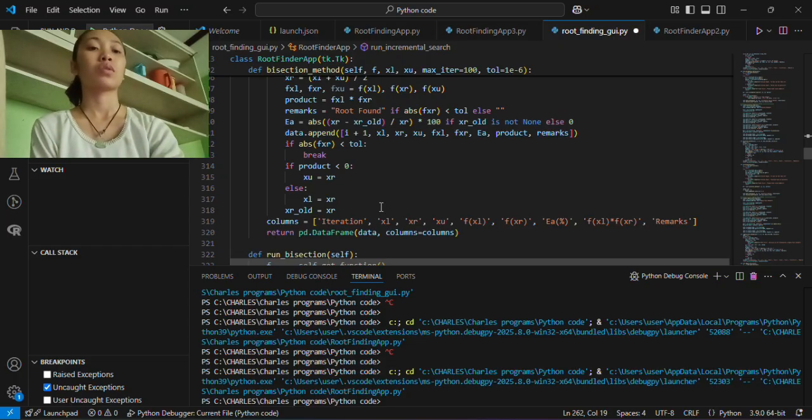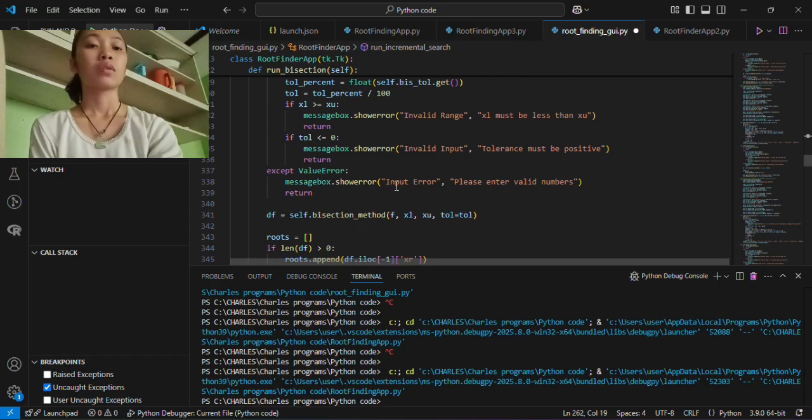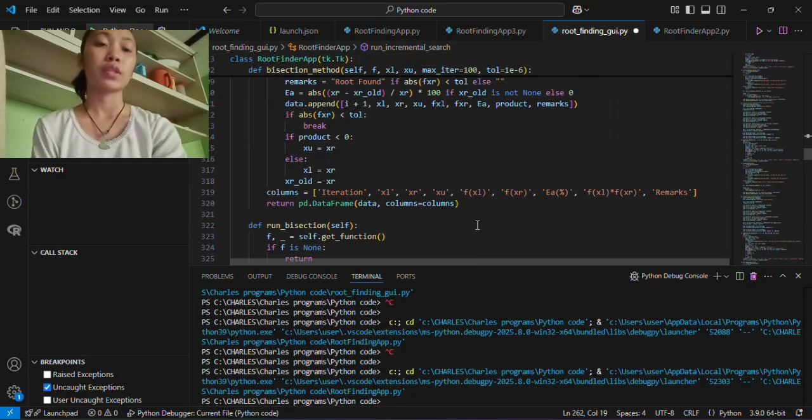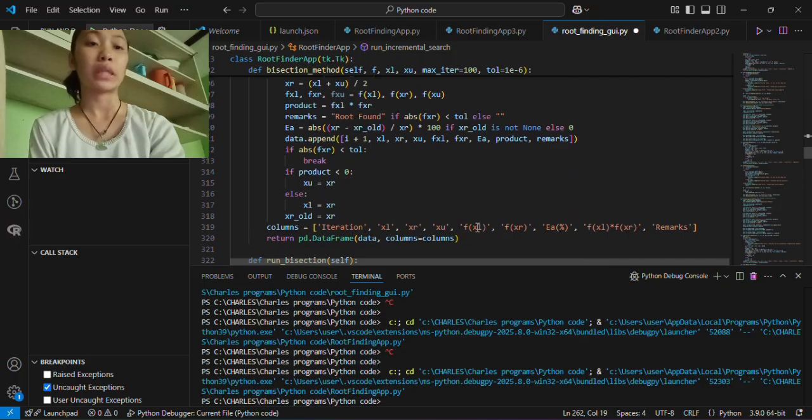The code also checks if the root is found by testing if f of xr is very small. Then it saves iteration data to show progress. It stops if the root is found. It also updates interval bounds depending on where the root lies.